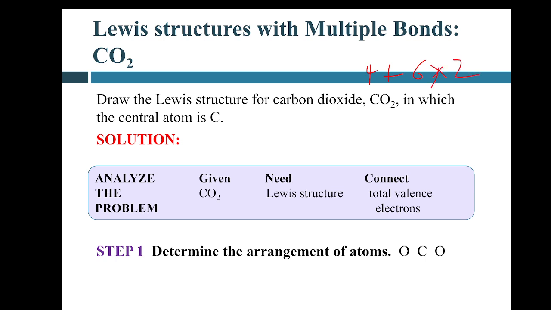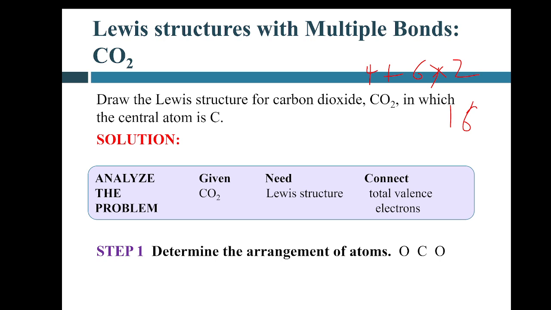Okay. Now, that's going to give you 12 plus 4, 16. And that is the number of electrons I have to account for, isn't it? Okay. Everybody good so far? Fantastic. Please let me know if you get lost anywhere here. This is actually going to be pretty important for this next part.